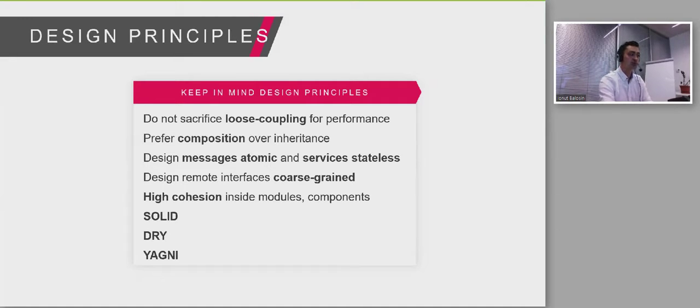Also prefer composition over inheritance. Why? Because composition also adds loose coupling between those parties. Make messages atomic and services stateless, it's a very, very good recipe if you want to scale horizontally especially.